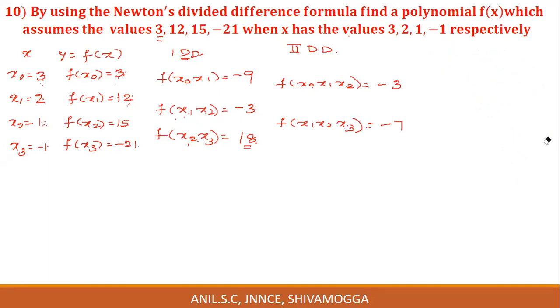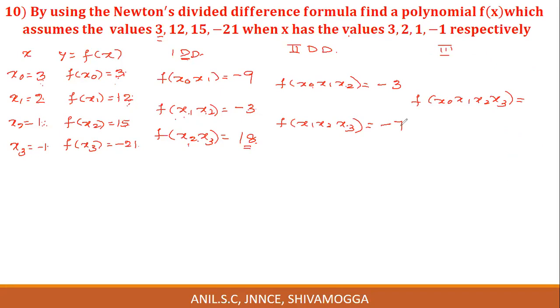Next, we find the third order divided differences. It is denoted by f of x naught, x1, x2, x3.